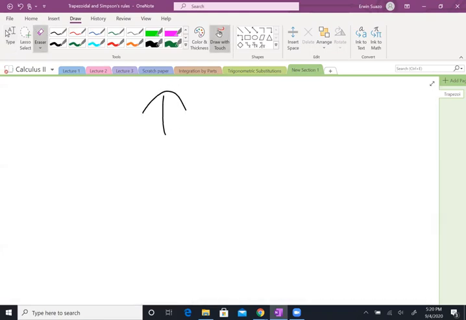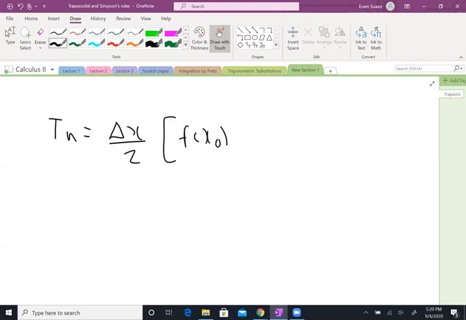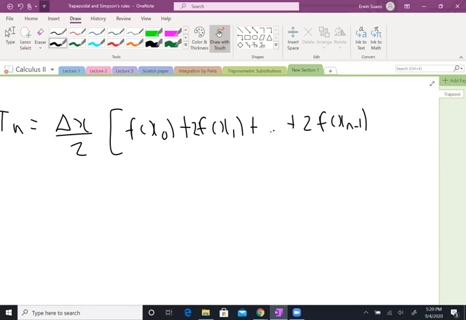Remember, the trapezoidal rule is T sub n equals delta x divided by 2, and then you go f of x0, plus 2 f of x1, plus and so on, 2 f of x n minus 1, plus f of x n.